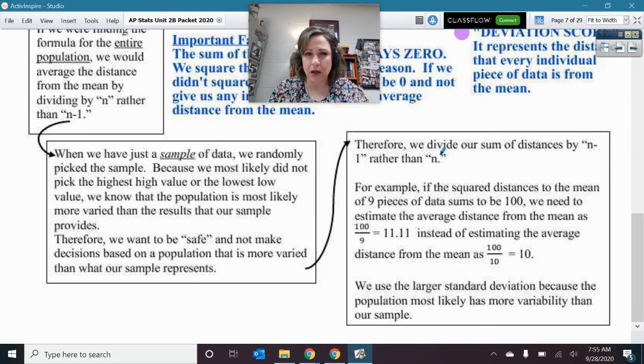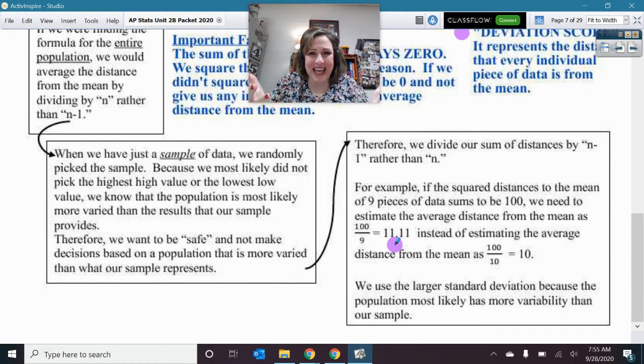And let me give you some quantities to compare that. Think about if the sum of our squared heights was 100. If we had 10 pieces of data, if the population was 10 pieces of data, they sum to 100, then 100 divided by 10 is 10. But 100 divided by 9 is 11.11, which is a little bigger.